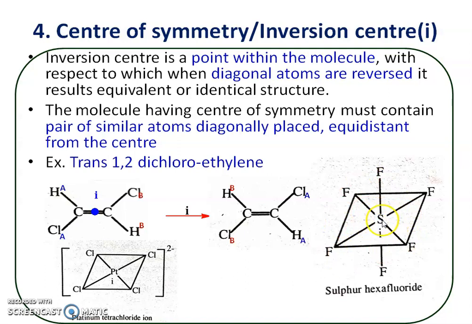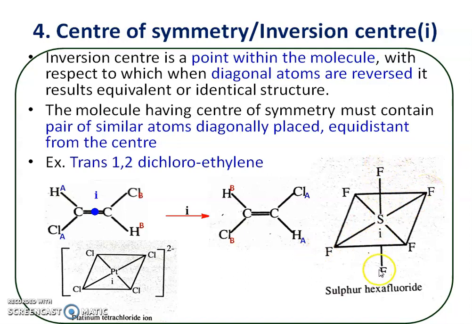Imagine the central point at the center of this molecule, that is, imagine the nucleus of sulfur. Now with respect to this center point or inversion center, the positions of two fluorine atoms diagonally placed to each other, for example these two fluorine atoms, are exchanged, and at the same time these two fluorine atoms are exchanged with each other.